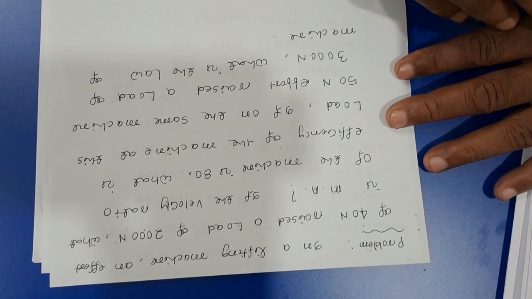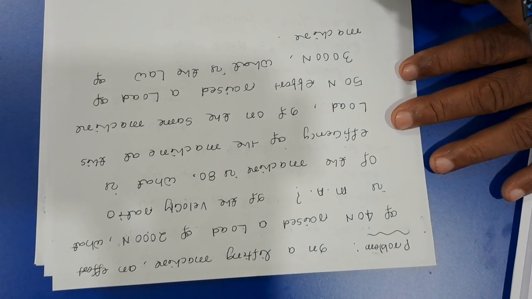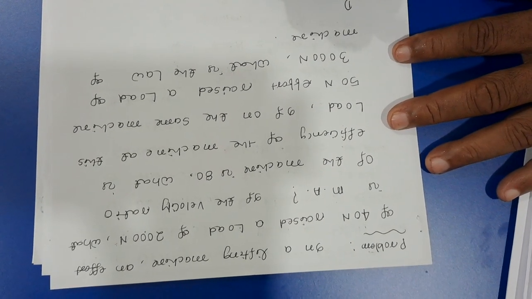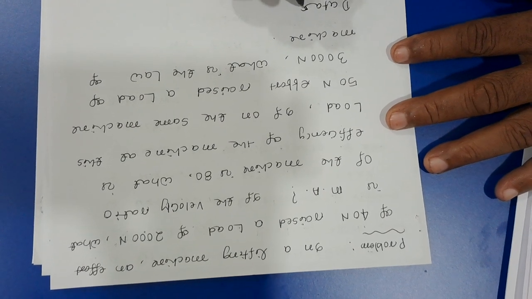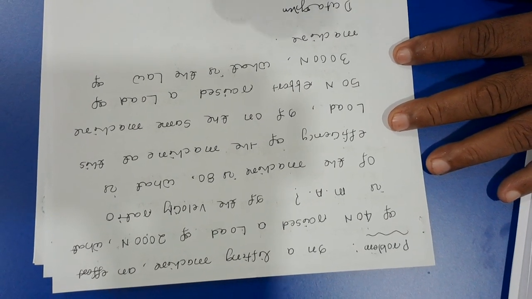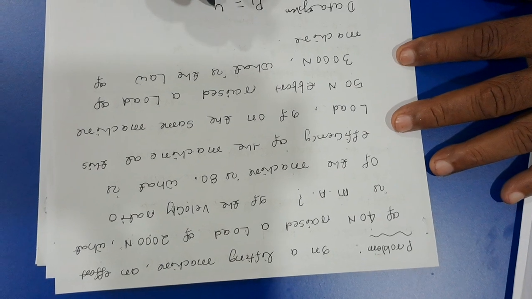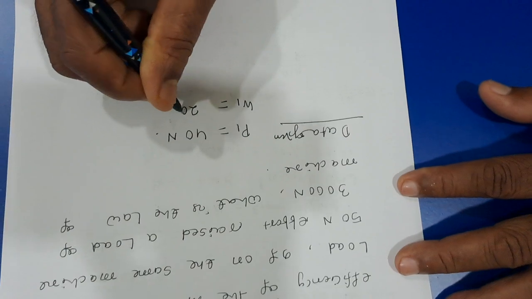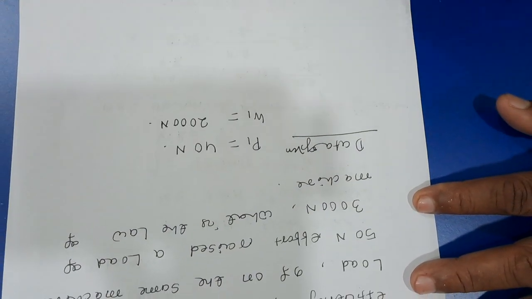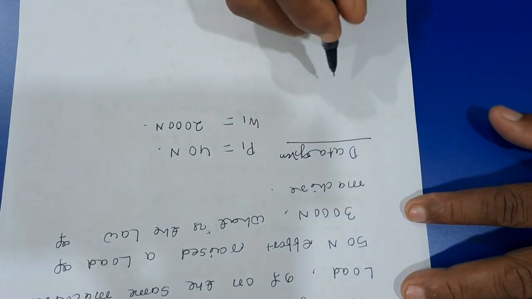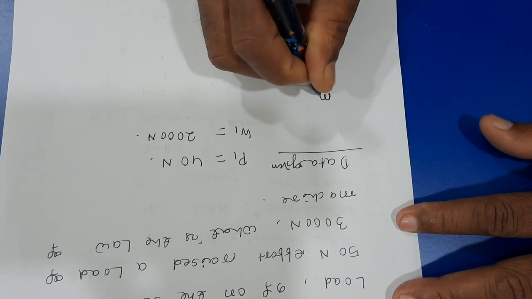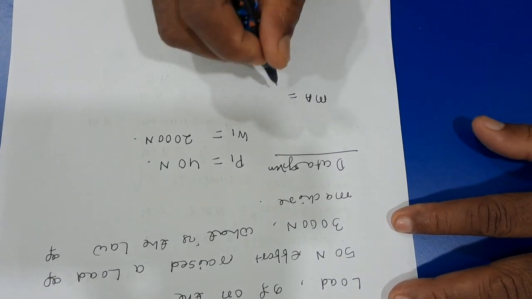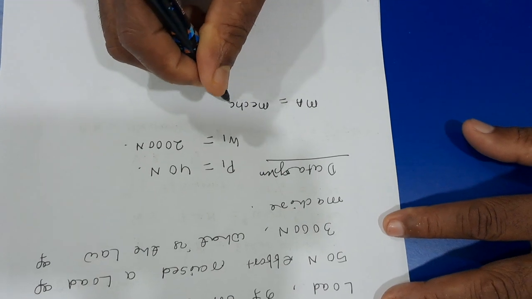Then what is mechanical advantage? You know that mechanical advantage, first data given: P1 is equal to 40 Newton. W1 is equal to 2000 Newton. What is mechanical advantage? You know that MA is equal to mechanical advantage.